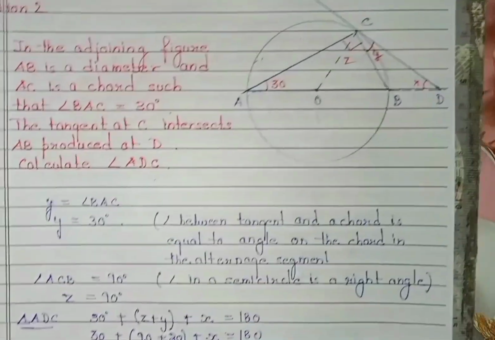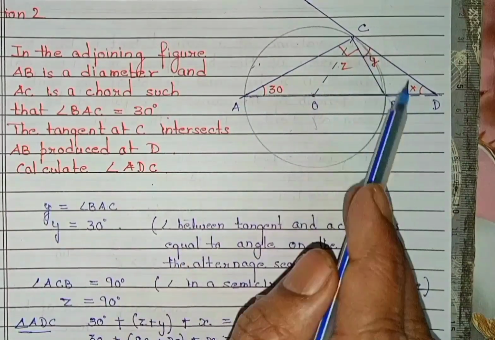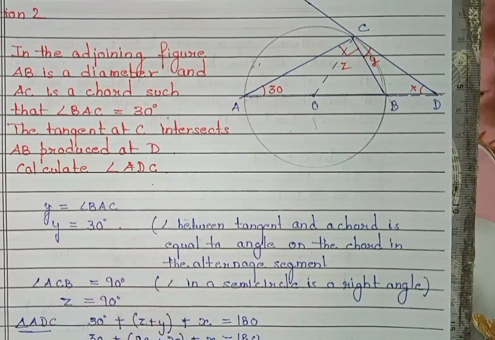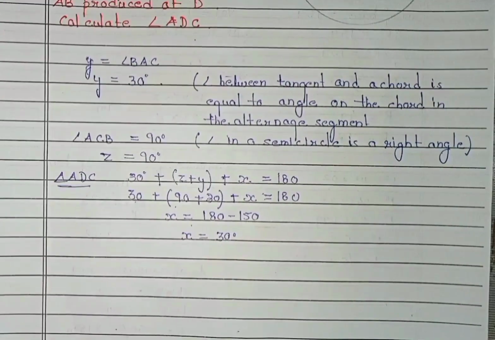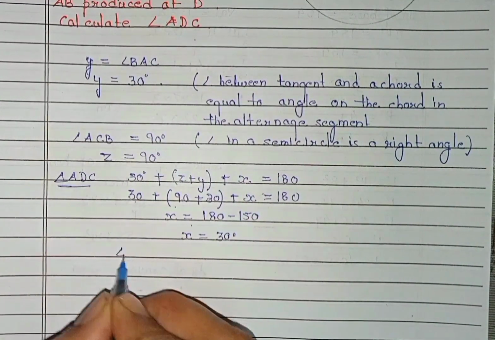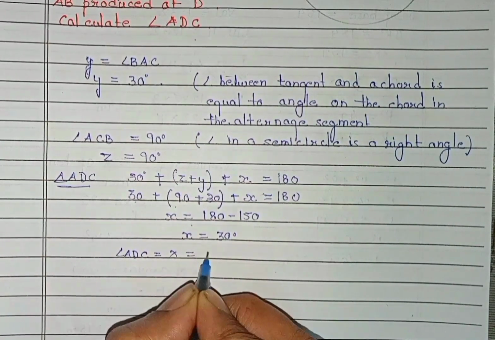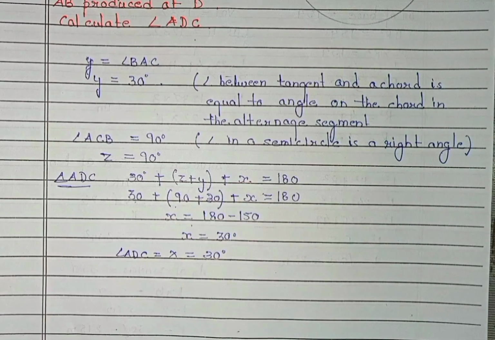So you can see angle ADC was considered as X. The question says you have to find ADC. So therefore you can say angle ADC, which we have considered as X, is equal to 30 degree. This is clear to you?